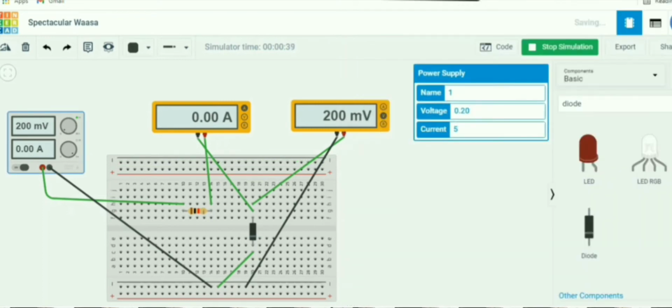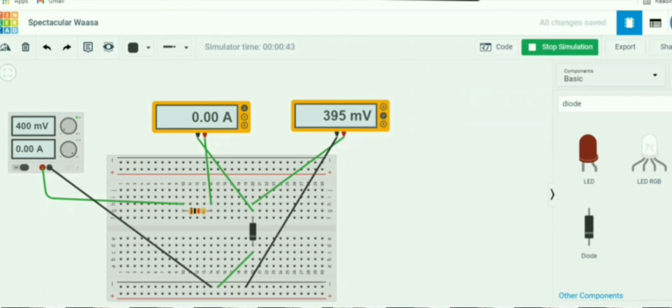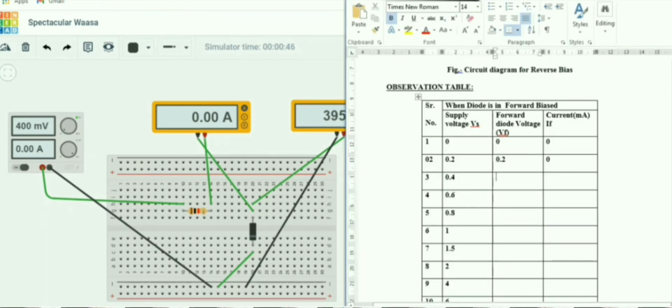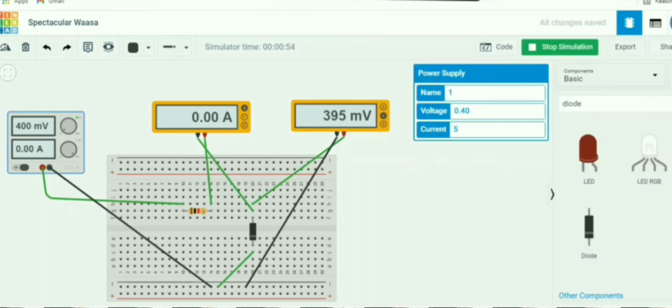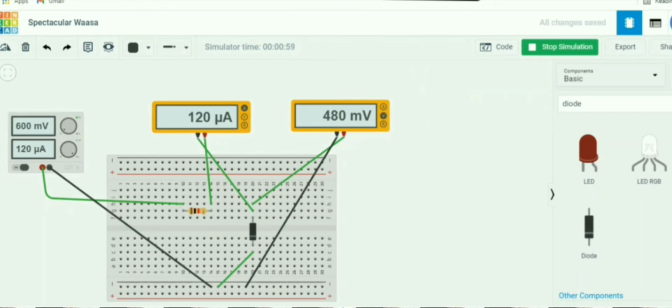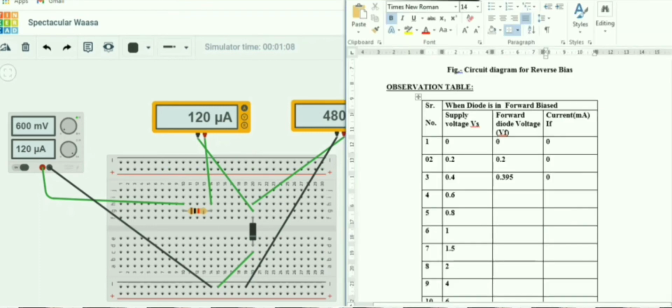Then take 0.4 volt in the power supply. Voltmeter shows 0.39 volt and 0 ampere current. For 0.6 volt, voltmeter shows 0.48 volt and current meter shows 0.120 milliampere.